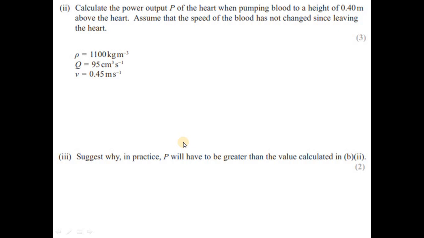Question number 2, part 2. Calculate the power output P of the heart when pumping blood to a height of 0.4 meter above the heart. Assume that the speed of the blood has not changed since leaving the heart. So it's not that difficult. It's a straightforward question because height, density, Q and V are given. So you just need to plug in all the values in the above formula, which was P is equal to half rho Q V square plus rho Q gh.